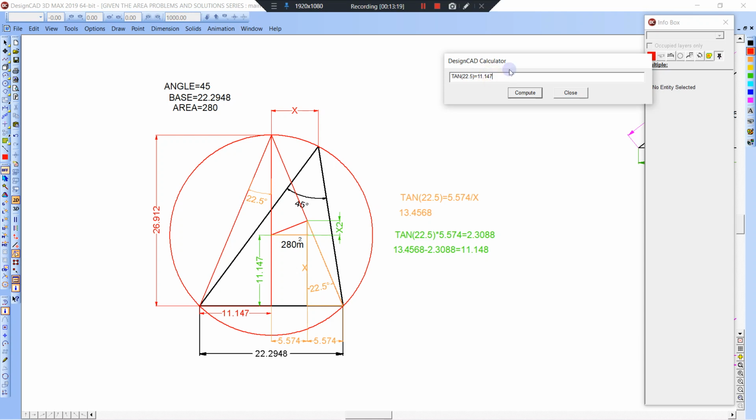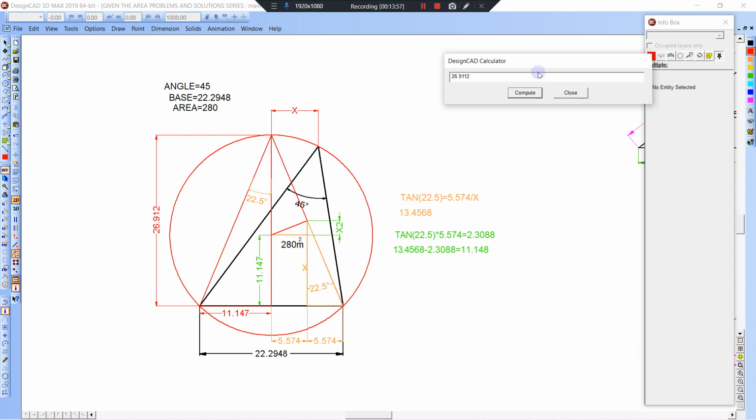I'm going to say divided by tangent. And we'll end up with 26.912. That's again with the decimal places. So we have that dimension now, and then what we need is this dimension.